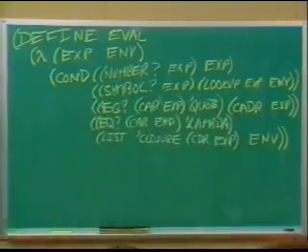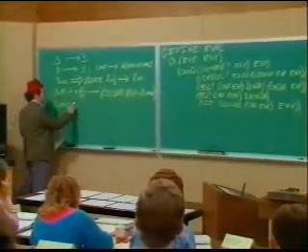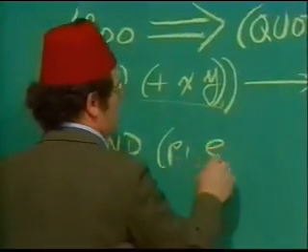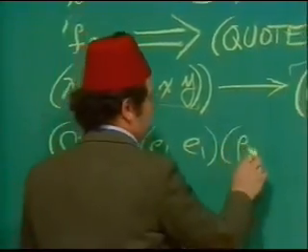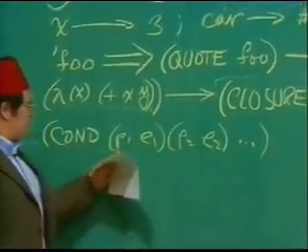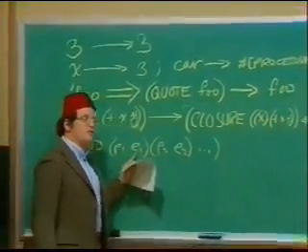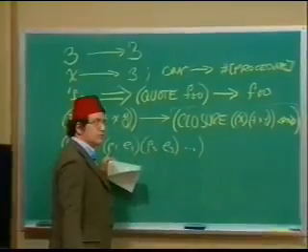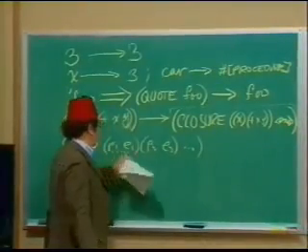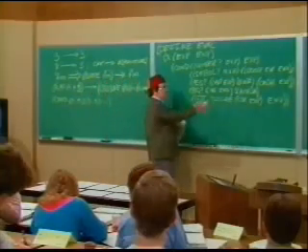There are also conditional expressions, things like cond of, say, P1, E1, P2, E2, where there's a predicate, which is a thing that's either true or false, and an expression to be evaluated if the predicate is true. A set of clauses, if you will. That's the name of such a thing. So I'm going to put that somewhere else.